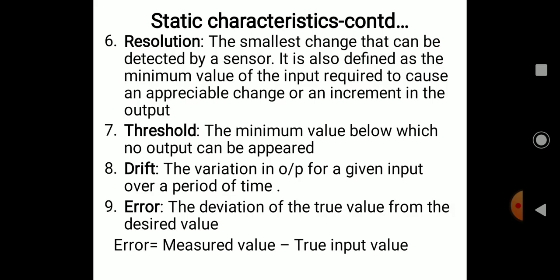Error. The deviation of the measured value from the true value is error. Suppose you are measuring the diameter of a component having a standard size of 10 mm, that is a standard cylinder.